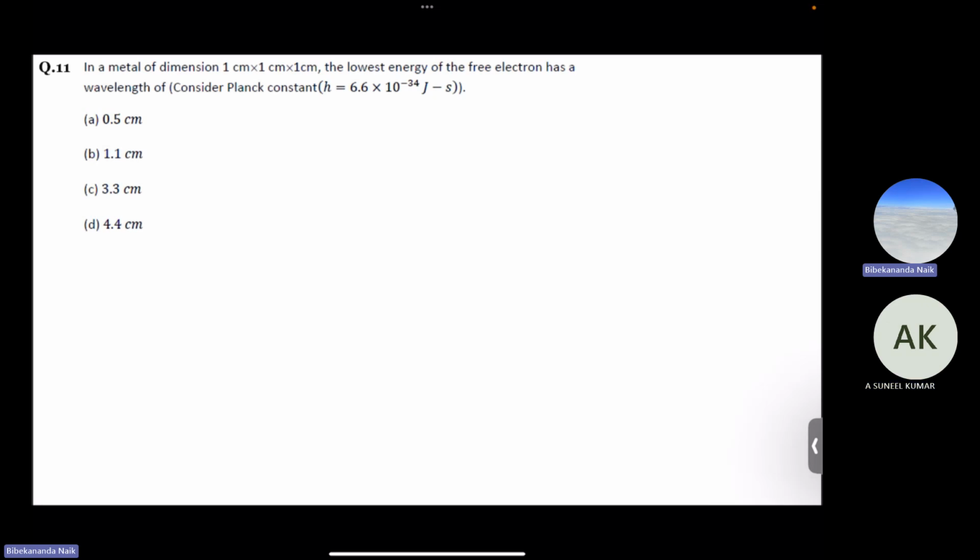The question says, in a metal of dimension 1 centimeter into 1 centimeter into 1 centimeter, the lowest energy of the free electron has a wavelength of: option A 0.5 centimeter, option B 1.1 centimeter, option C 3.3 centimeter, option D 4.4 centimeter.